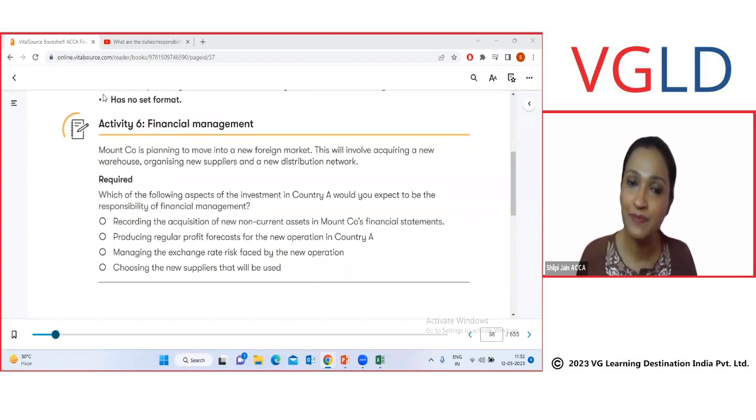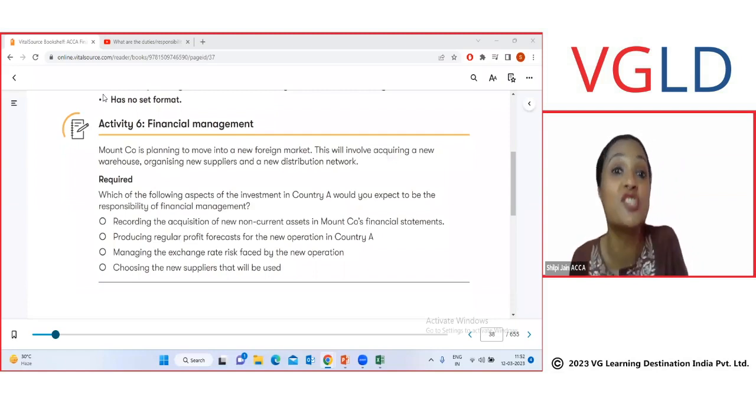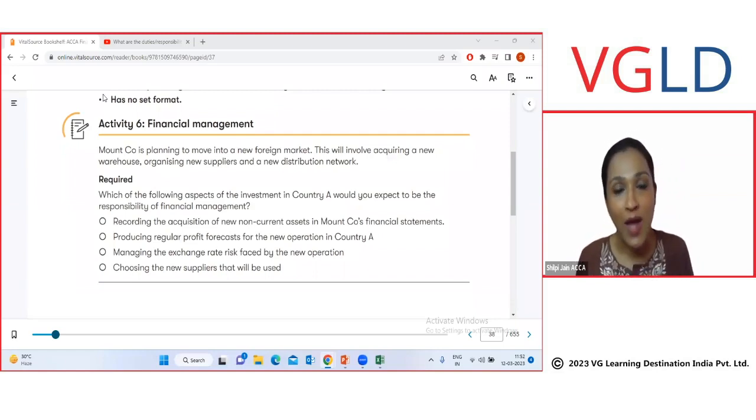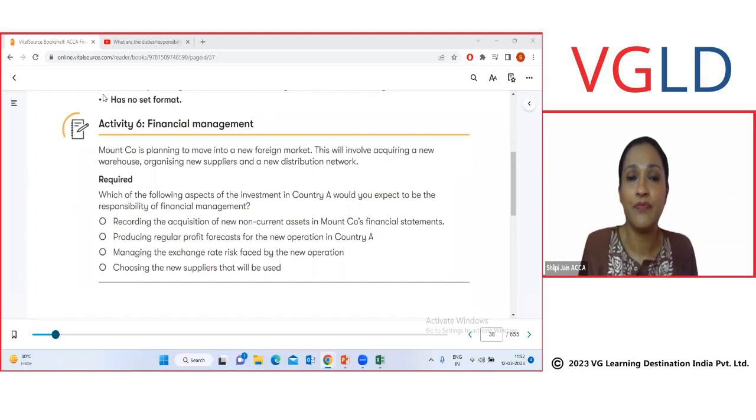Right, Vinaya? Is that okay with everyone? Remember to read the question very, very carefully. What is it that you're being asked to do in what position? So as a finance manager, can you ensure profits? Can you do that? No, right?